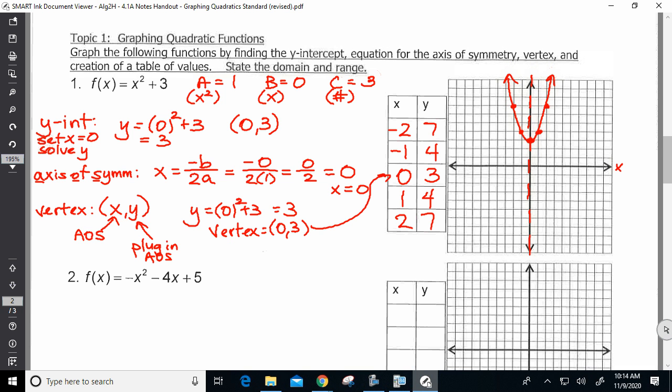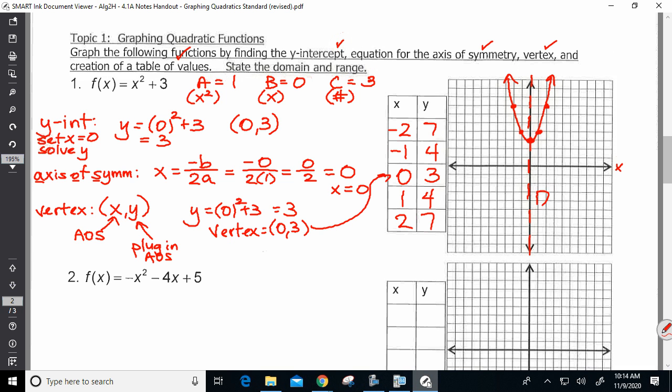Questions before we finish off this problem? So we found the y-intercept, found the axis of symmetry, found the vertex, and did the table. Now we need domain and range.